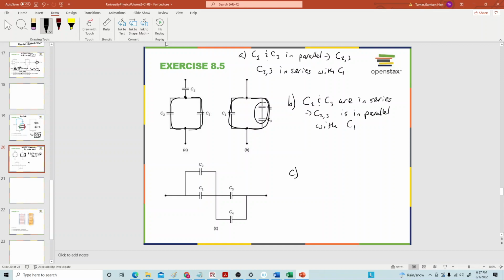Now what about circuit C here? I have a piece of wire here and I have a junction right here, and then I have another junction right here. So I have one path here, I have another path here. And then when I hit this junction, I have another path here and another path here and then another junction. So what this means is that C1 and C2 are in parallel.